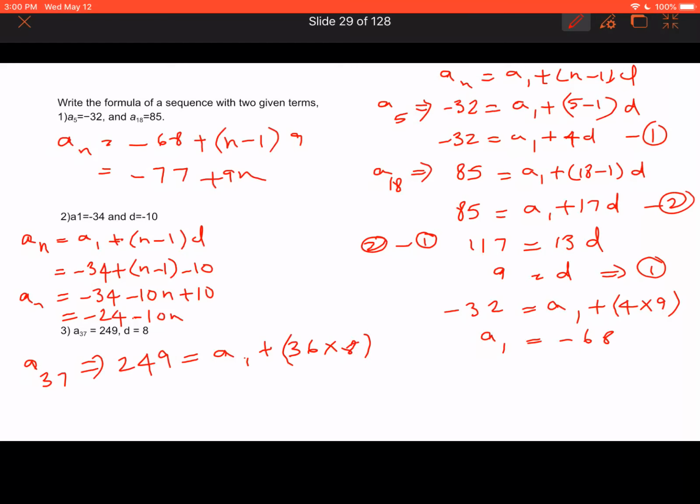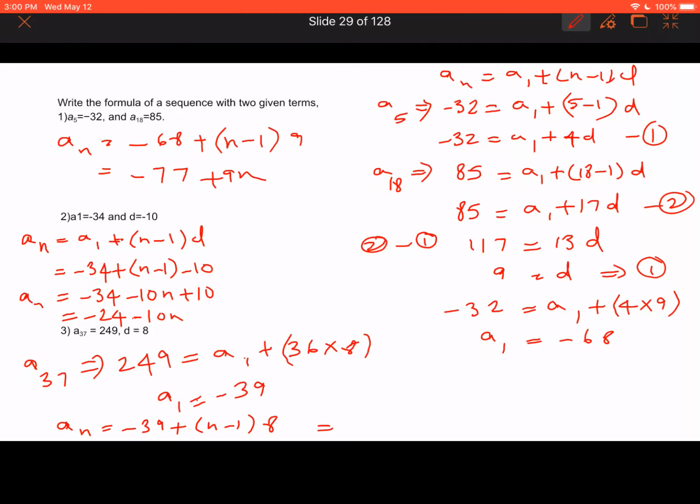Okay, thereby we could find the value of a1, which is going to be minus 39. So once we know the value of a1 and d, we'll be able to write the general formula, that is minus 39 plus n minus 1 into d, which is 8.